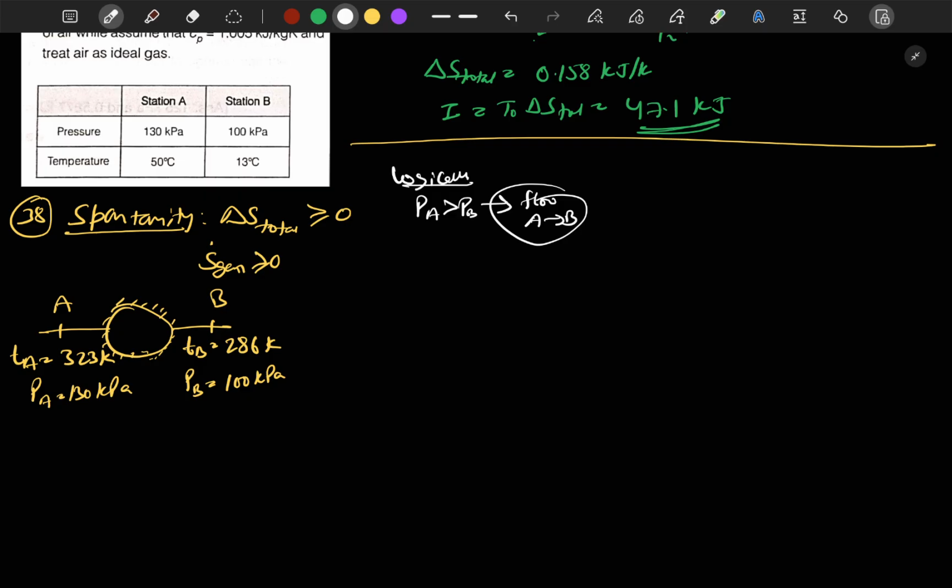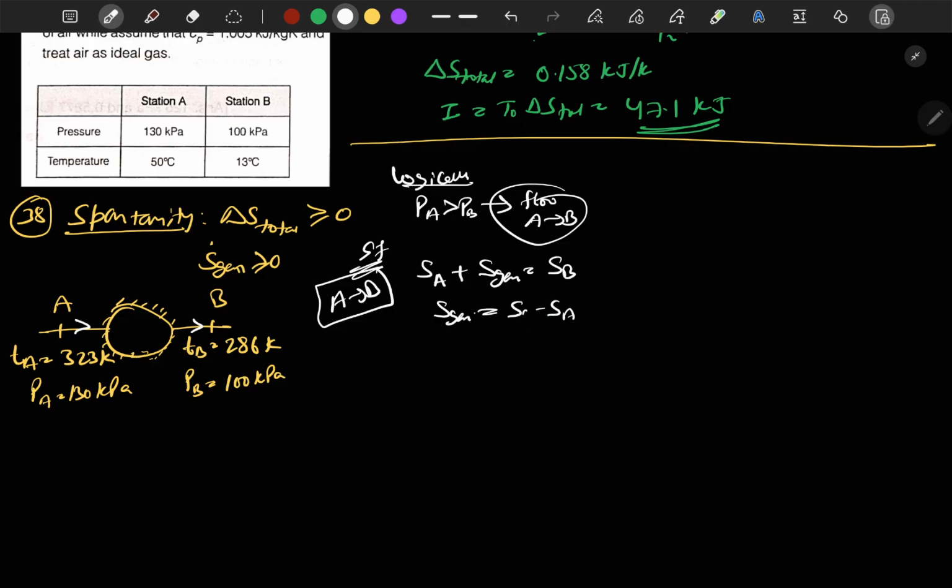For this system, S at A plus S generation is equal to S at B. Why is this? Because the system is insulated and we assume it is at steady state. If we consider flow from A to B, SA plus S generation is equal to SB, so S generation is equal to SB minus SA.